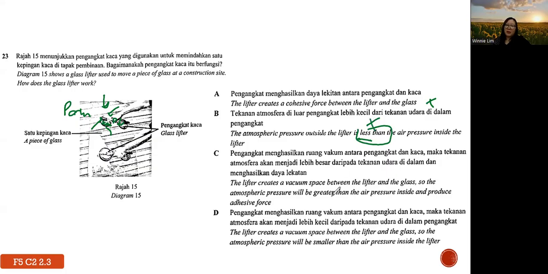The lifter creates a vacuum space between the lifter and glass so that the atmospheric pressure is greater. Yes. Also, when I press out the air, it can be a partial vacuum or totally vacuum inside as well. So the answer is C. Now D also cannot because they say the atmospheric pressure is smaller.